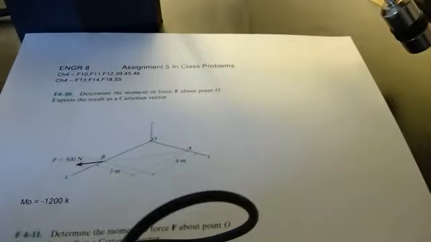So again, for all these, at least the first couple, you're going to find R cross F. And in the first problem, you can choose two different position vectors.